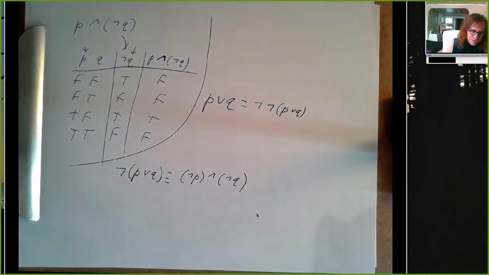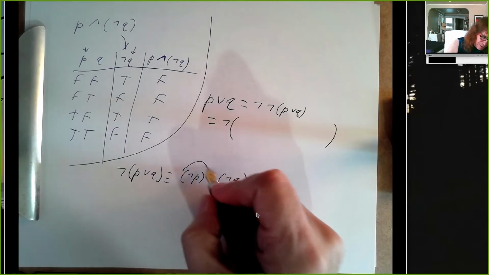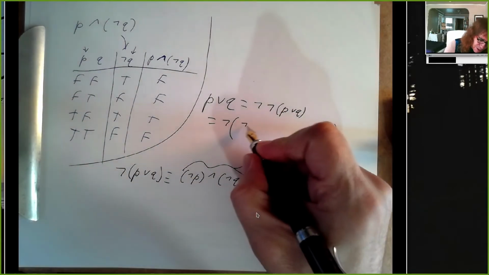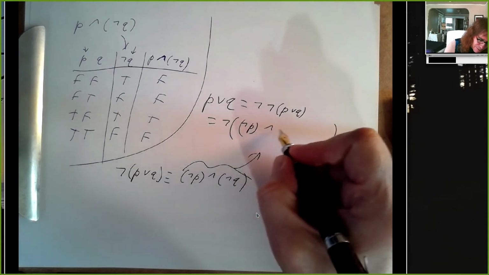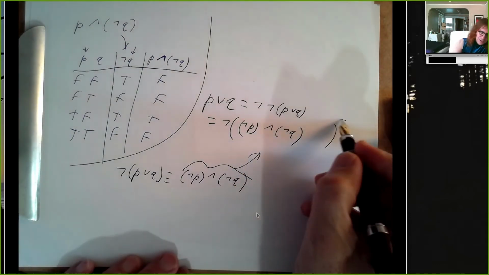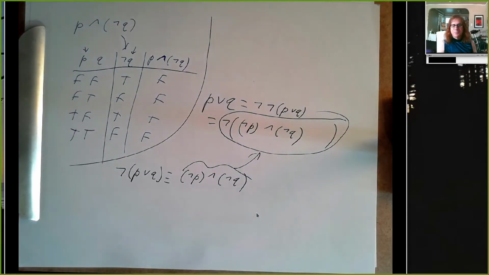Double negation, and we can plug all of this in place of not P or Q, the negation of P anded with the negation of Q. So there's an equivalent expression using only negations and the conjunction operator.